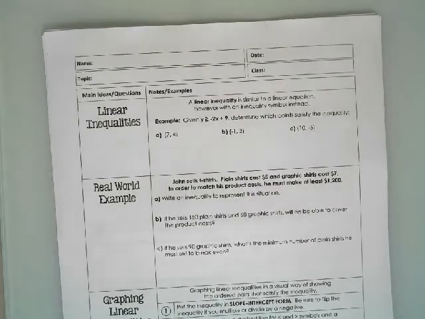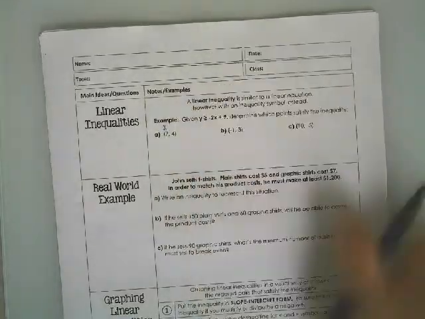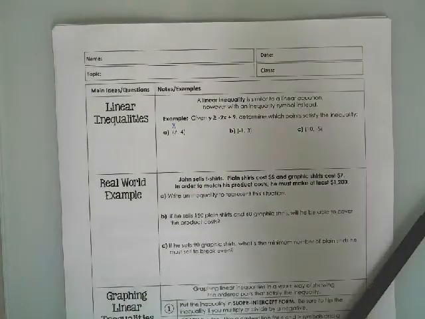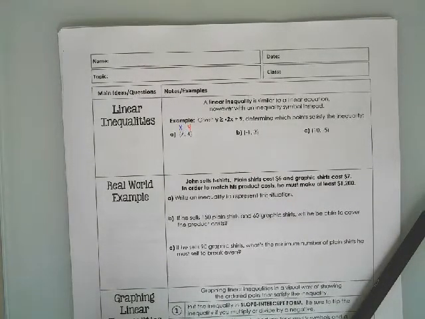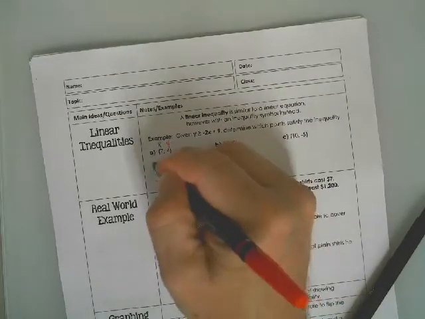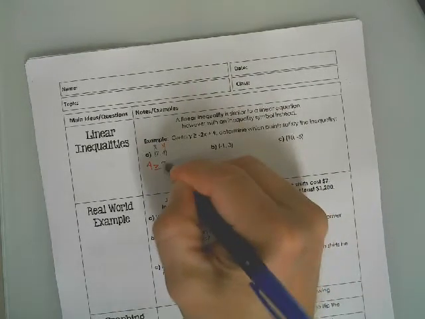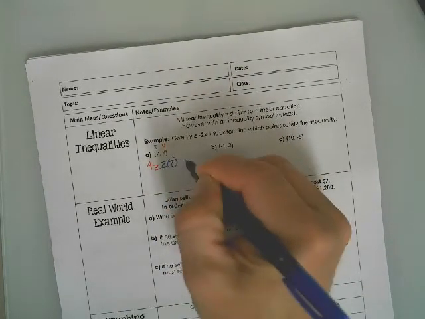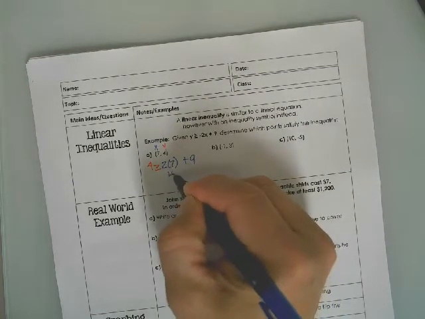So I can just generally plug each one of these in and check to see if yes it works or no it doesn't work. So this is my x value, and the 4 is my y value. So if I work it out, will it be true? Is 4 greater than or equal to 2 times 7 plus 9? 2 times 7 is 14 plus 9.